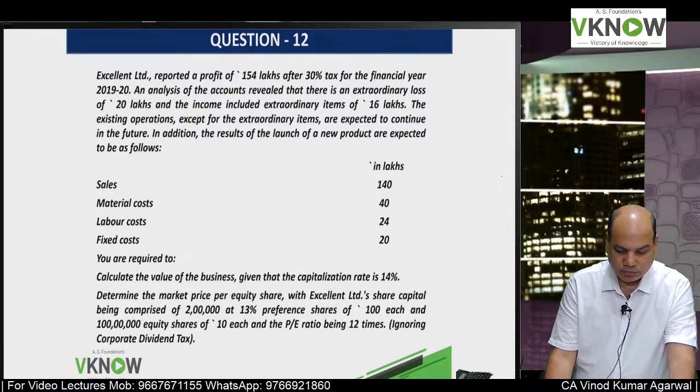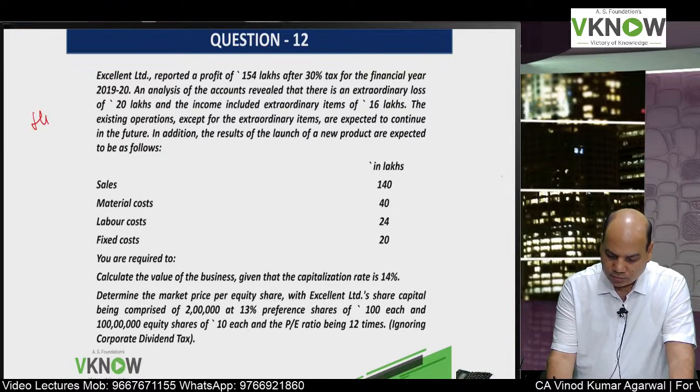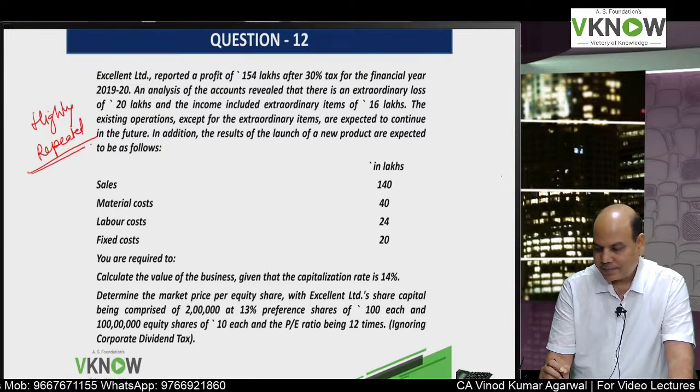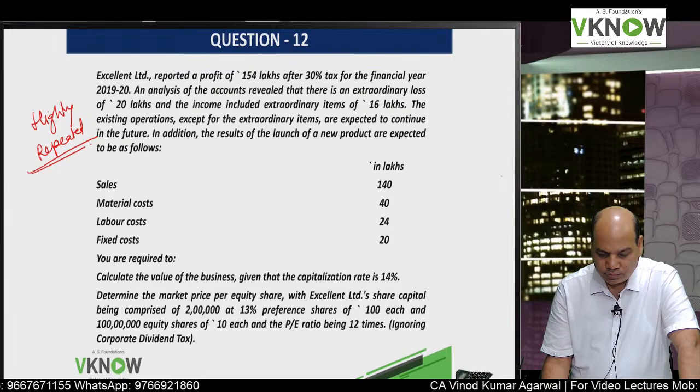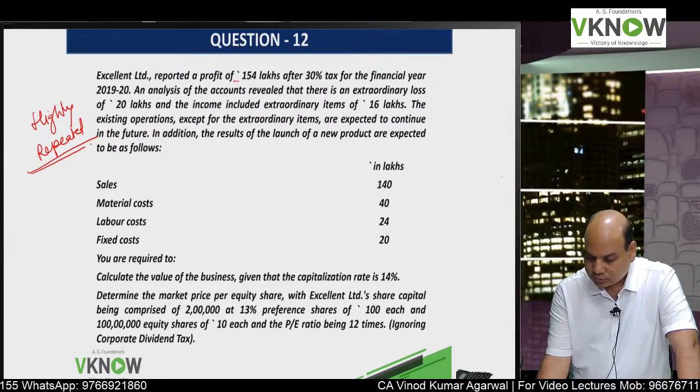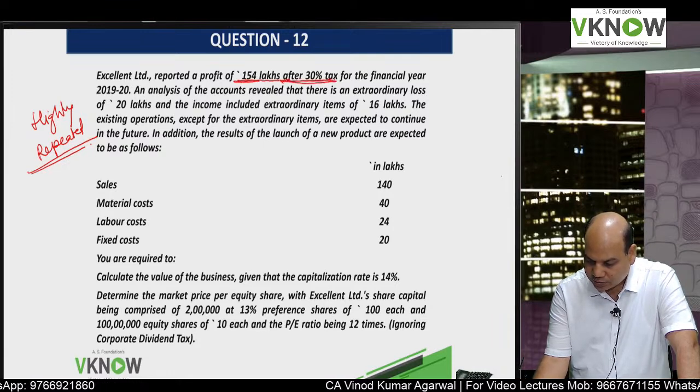Question number 12. Again, a highly repeated question. Excellent Limited reported a profit of rupees 154 lakh after 30% tax.